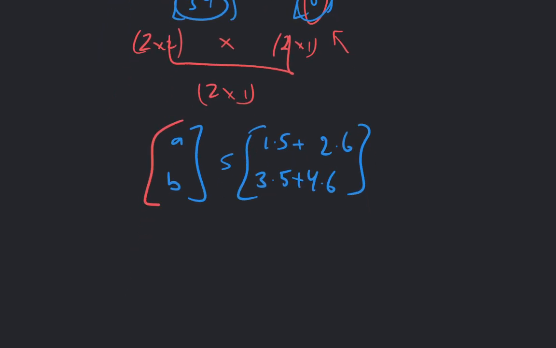Remember, this is all one element. So that gives us 5 plus 12, and that's 17. And then 15 plus 24 is 39. And that's our product, AB.